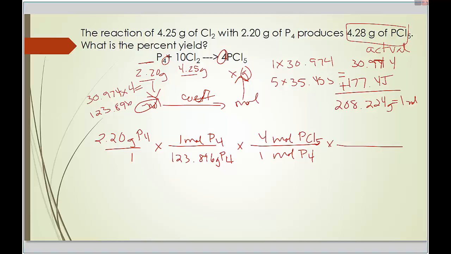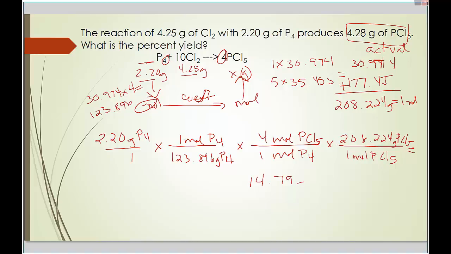So in 1 mole of PCl5 there are 208.224 grams. So 2.20 divided by 123.896 times 4 divided by 1 times 208.224. That comes out to be 14.79 grams.